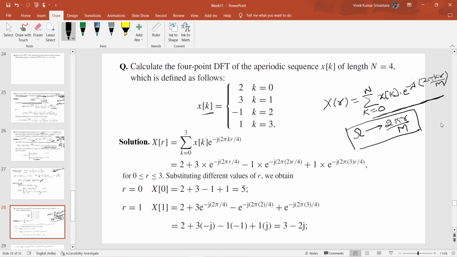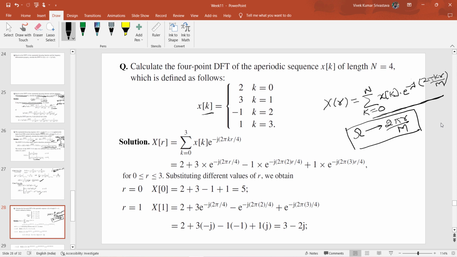It means that in the discrete Fourier transform, the Fourier transform is discretized in nature in comparison to the discrete time Fourier transform, where omega, that is the frequency, is continuous in nature. So by using this expression we will evaluate the discrete Fourier transform x of r.